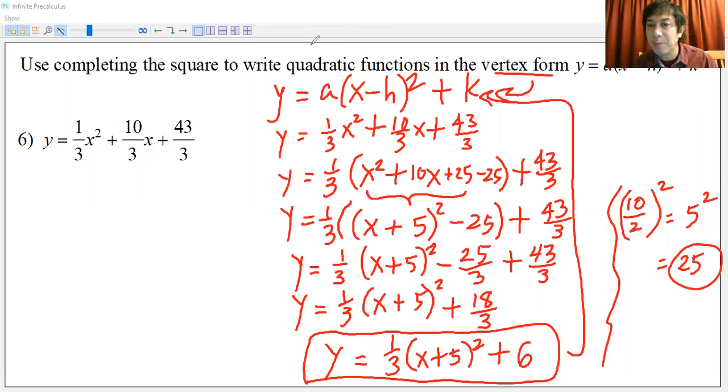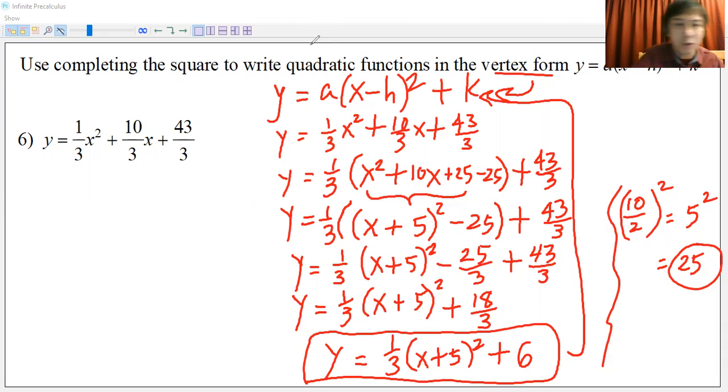If you're going to examine, the A is the 1/3. The H is negative 5, because that plus 5 there, that means minus 5, okay? So if you're asked, what should be our H, K, okay? Your H there, looking at the formula, there's a minus in the formula, and in our answer, it's a plus.